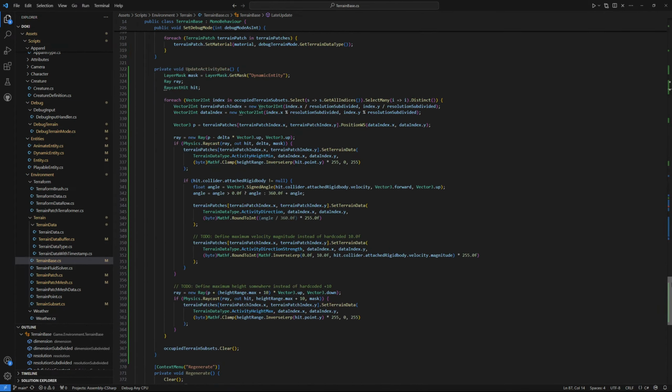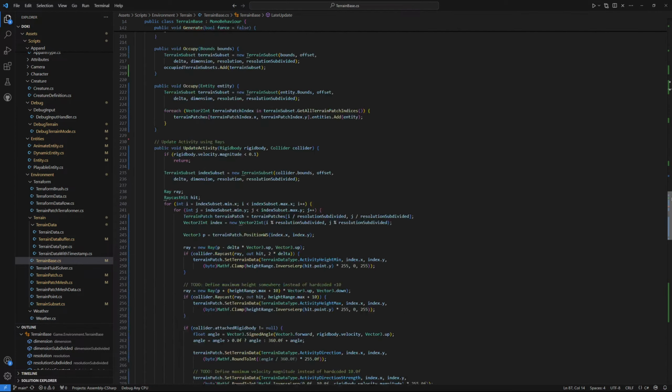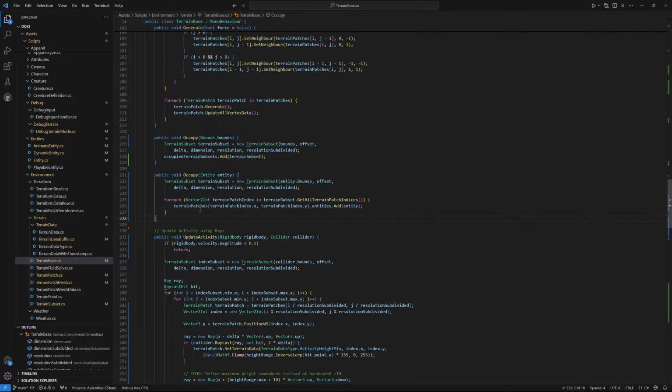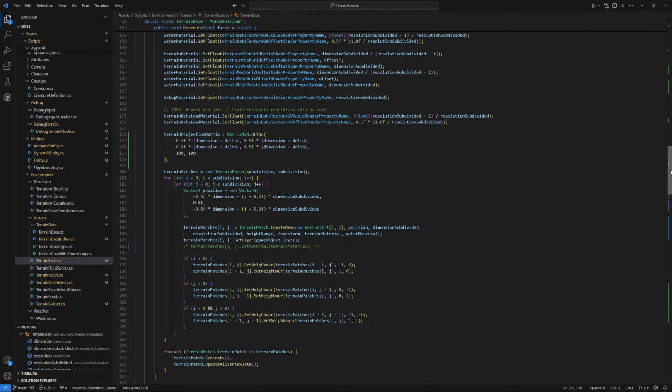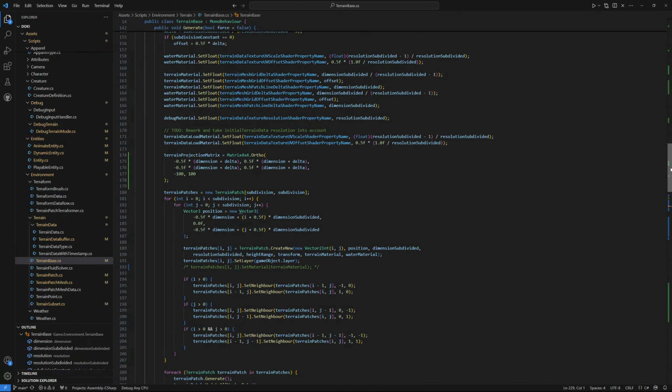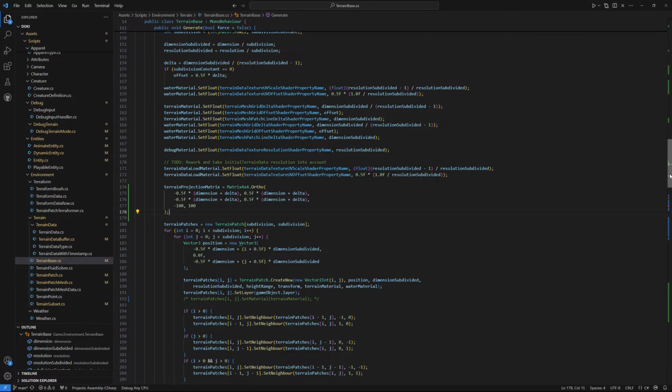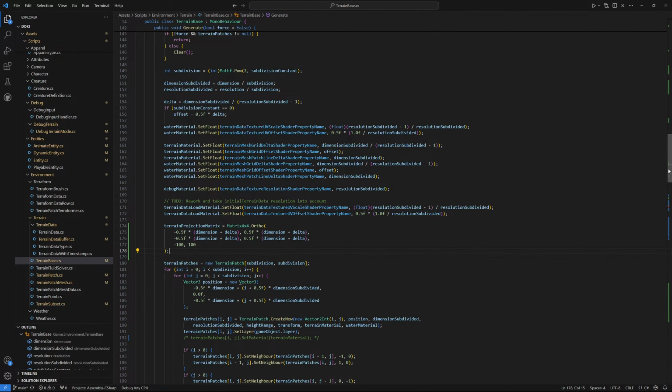So we call occupy entity. We do this and then we add the entity here. Yes, this is one thing at least, we might want to go dimensions subdivided here.